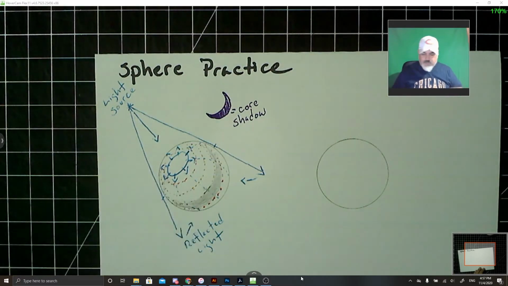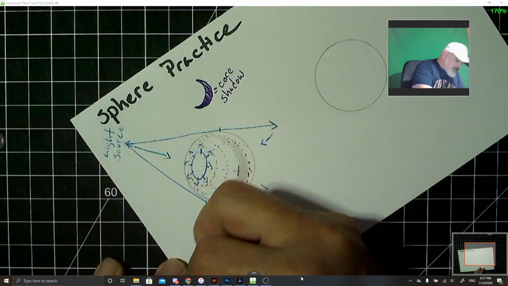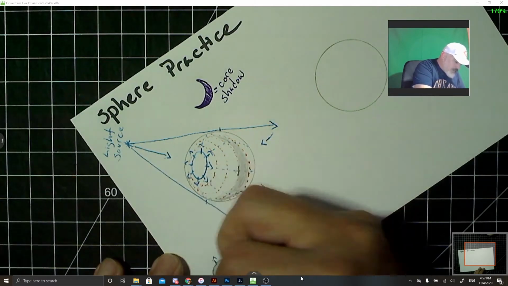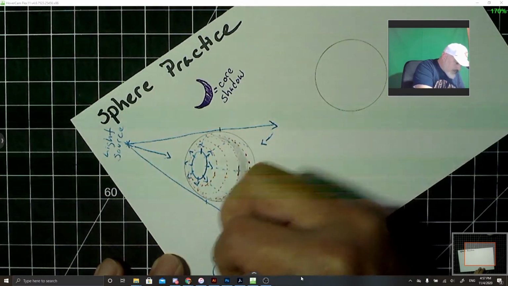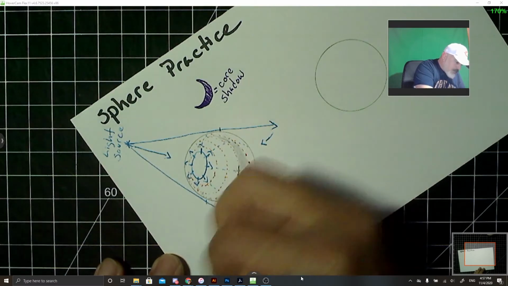And then let's also diagram what this is. So this represents our direct light. Okay, so I'm just putting this out.